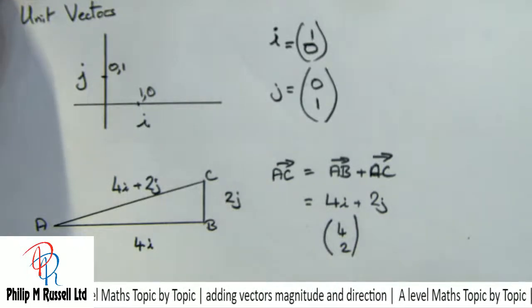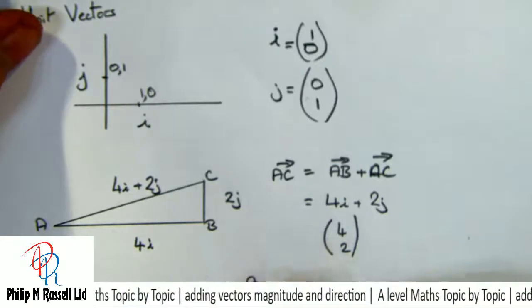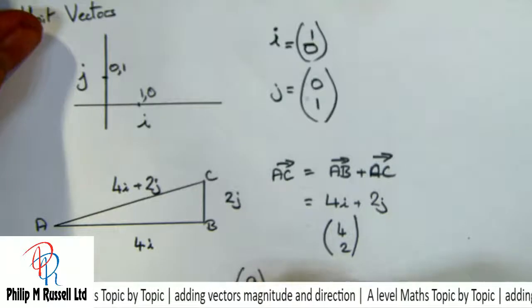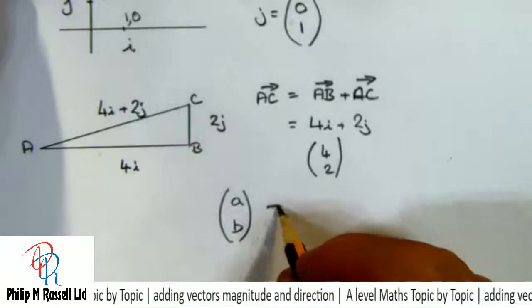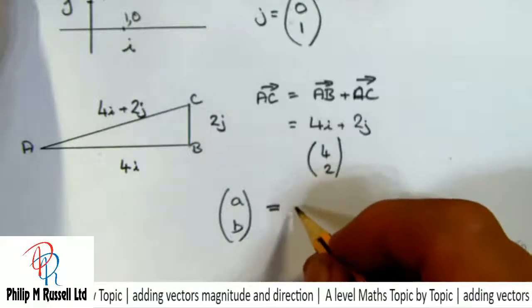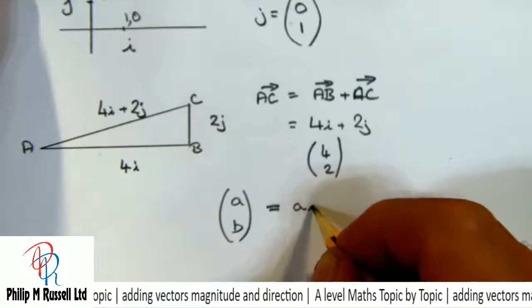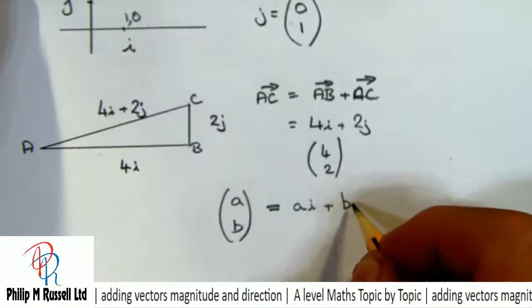So any vector AB, I could represent simply as ai plus bj.